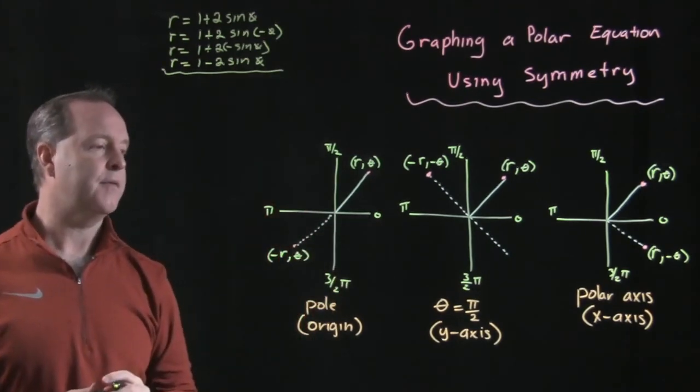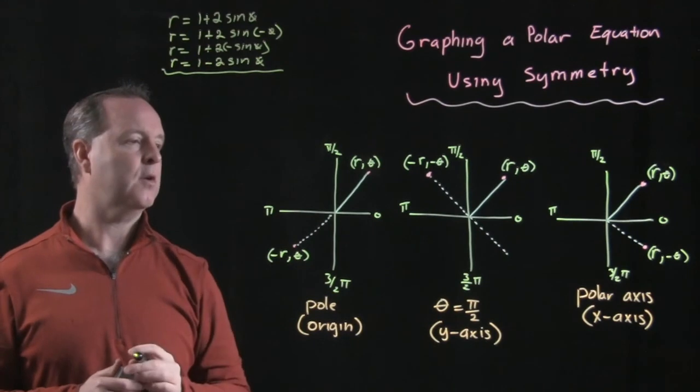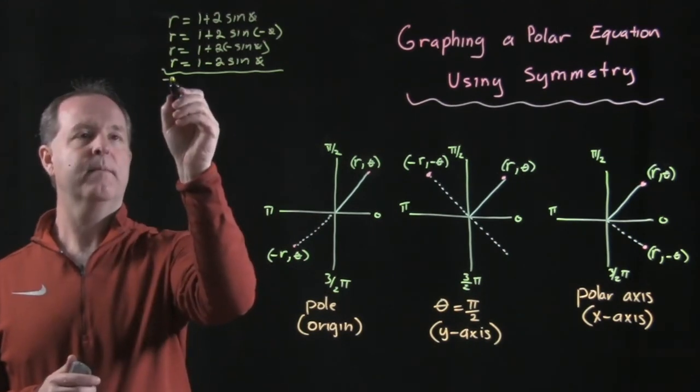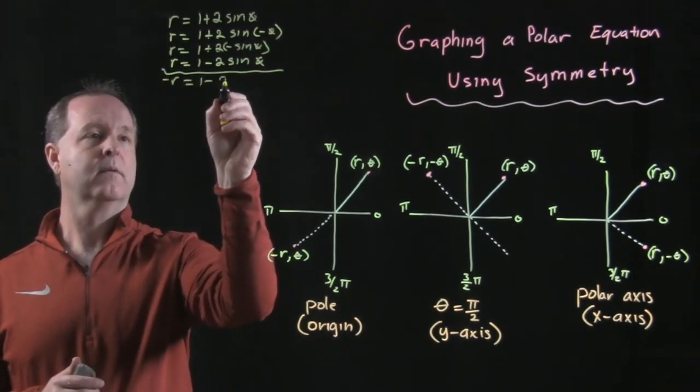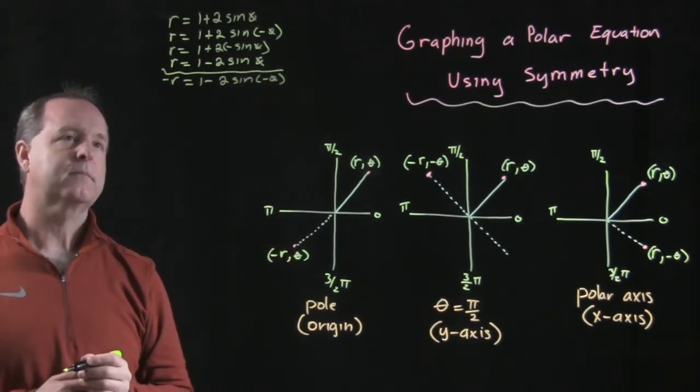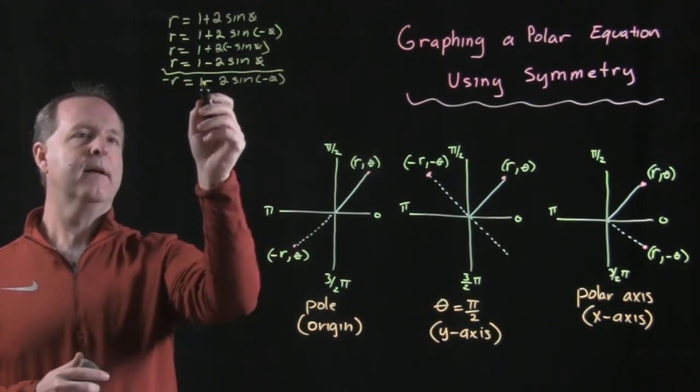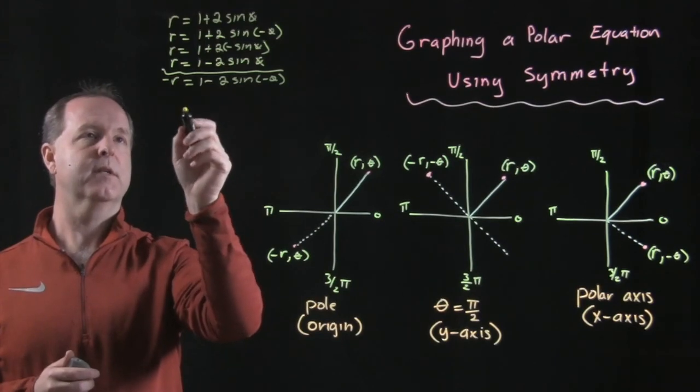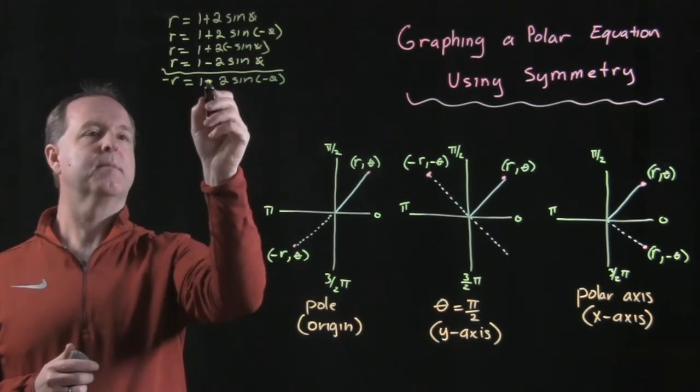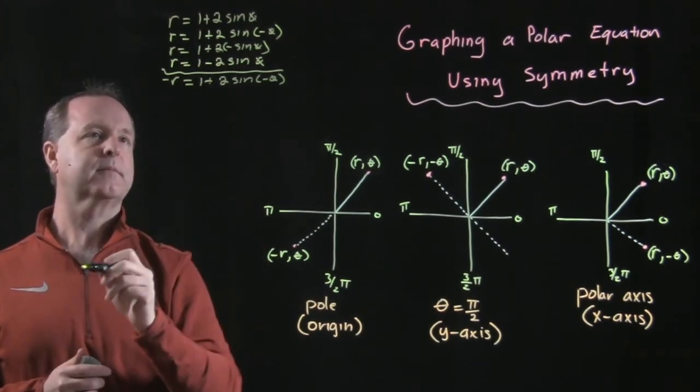Let's check for symmetry about the y-axis or the vertical axis. Replace both of them. So negative r. The right side will remain the same. We'll do the same work to it, so I'll just, whoops, that was a plus there, wasn't it? Got a little carried away.